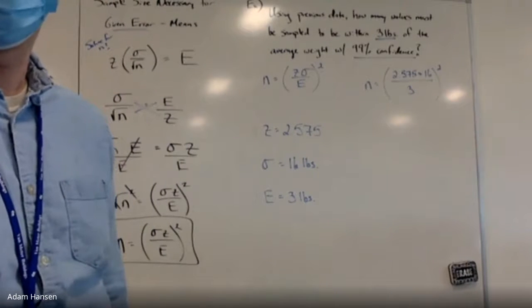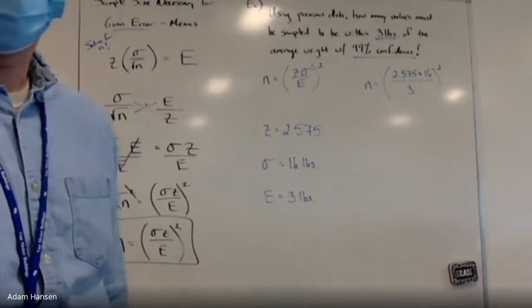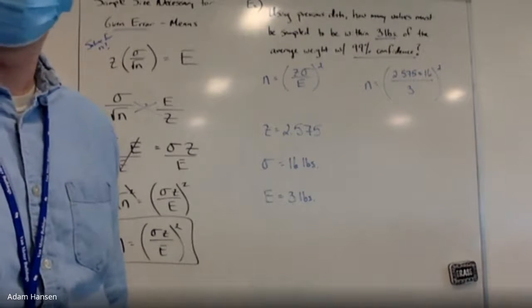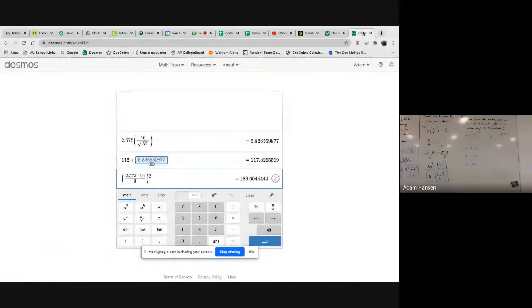I'll share my calculation again with everyone. I'm going to have a hard time sampling this exact number of wolves. I have a sample size of exactly 188.604. Obviously, I'm going to have to round to some whole number.